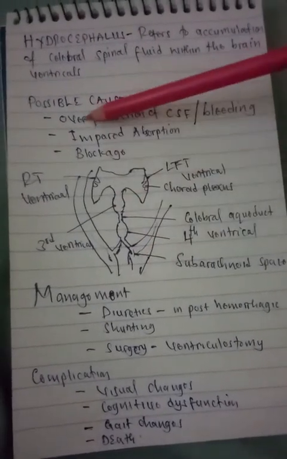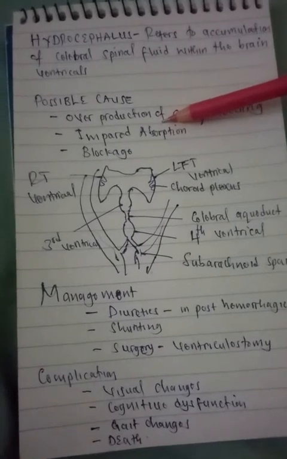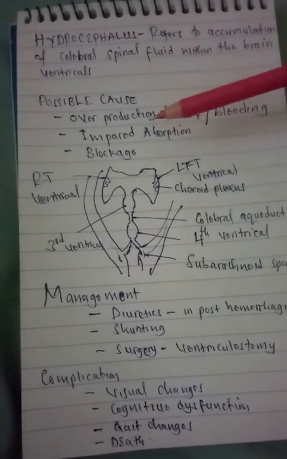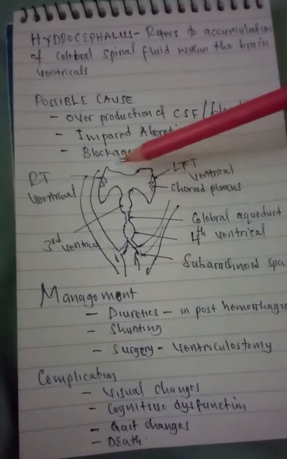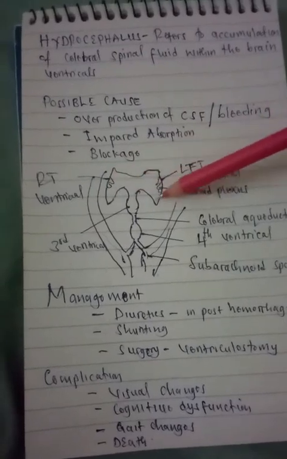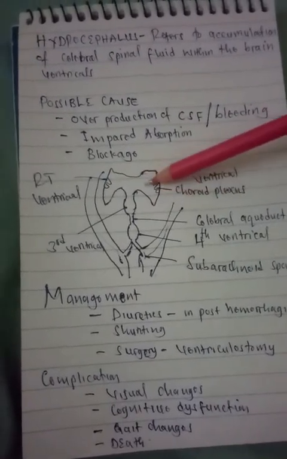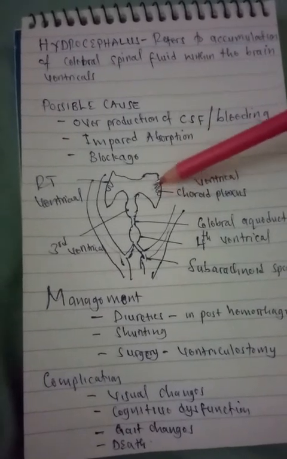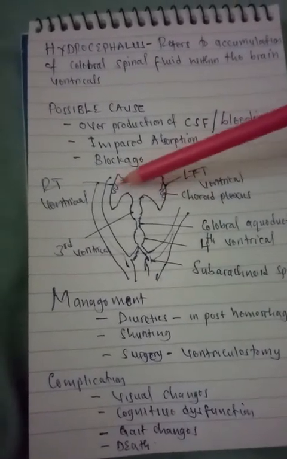In the case of overproduction, cerebrospinal fluid is produced in a large amount within the left and right ventricles through this choroid plexus.